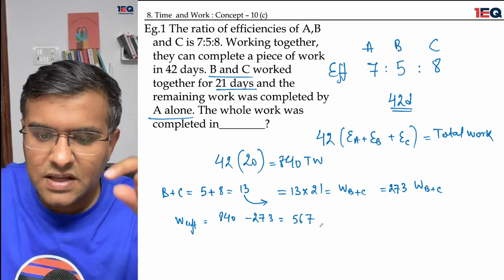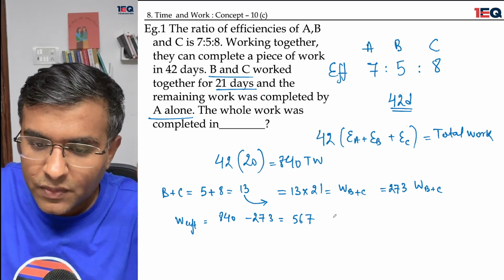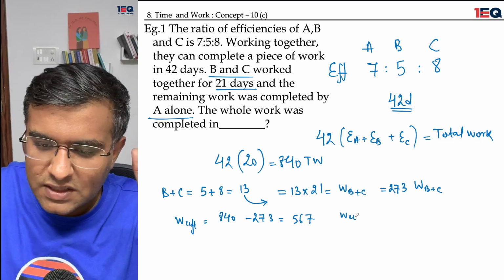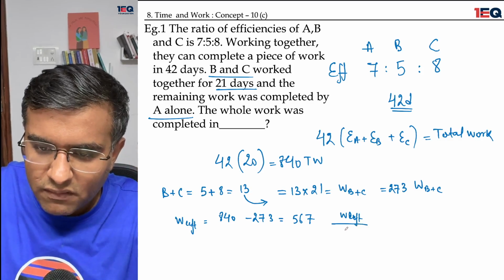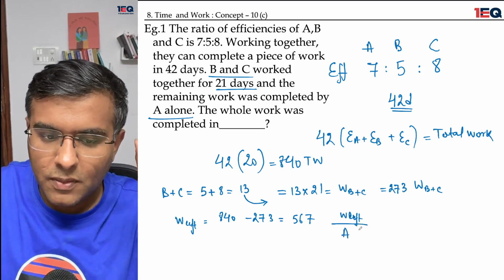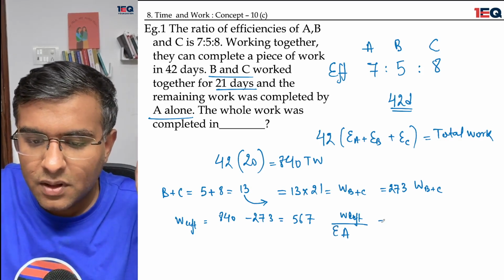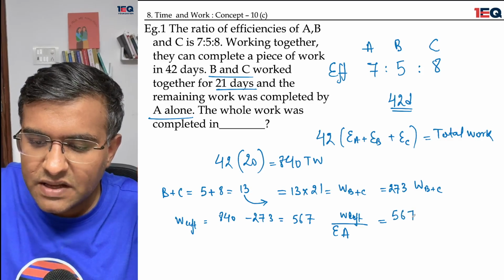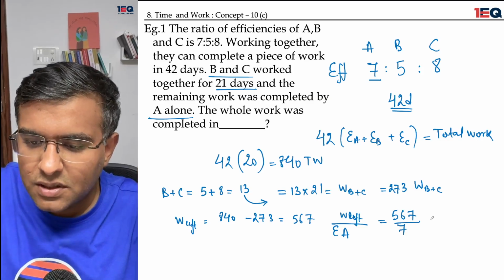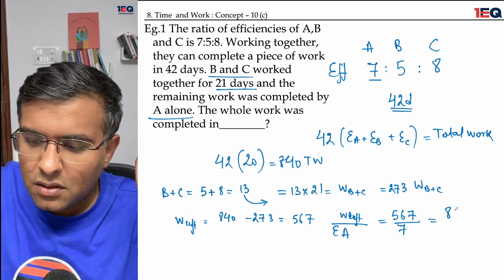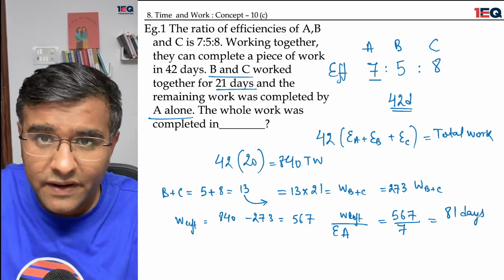This 567 would be completed by A alone. So the work that is left divided by the efficiency of A is my answer. Work left is 567. The efficiency of A is 7, very clearly mentioned. This gives me the time taken by A alone to finish the work as 81 days.